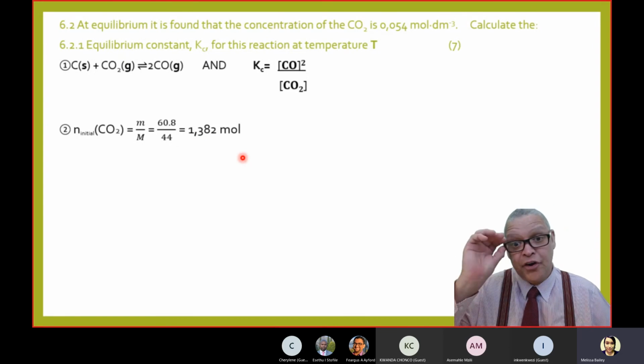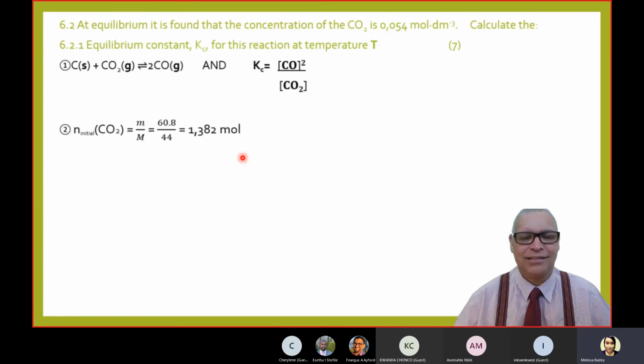Remember, chemistry is very much like financial mathematics. Rather round off right at the end, because then you'll get the exact answer that is needed. So do not round off in the steps leading up to the final answer. At your final answer, you may want to round off to 2 decimal places or whatever instruction your question paper actually gives you.